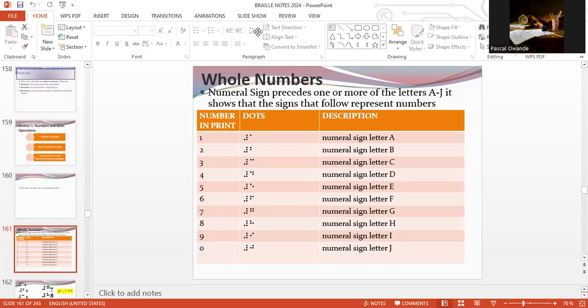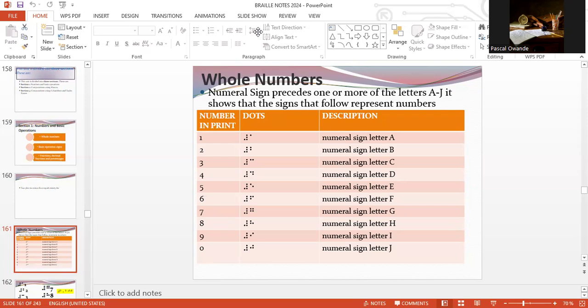As you're aware, in our previous lessons, we said that dots 3, 4, 5, 6, which is called a number sign or a numeral sign, should not start a Braille word in English. But in mathematics, before we write a number, it must start with that numeral sign.